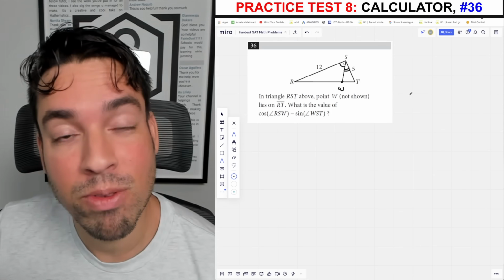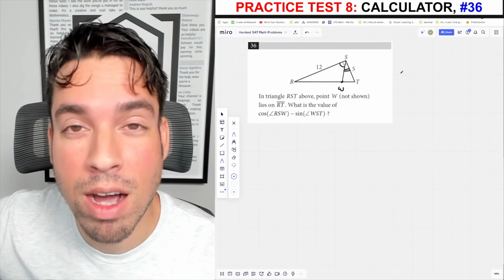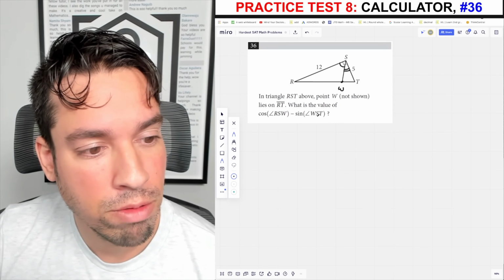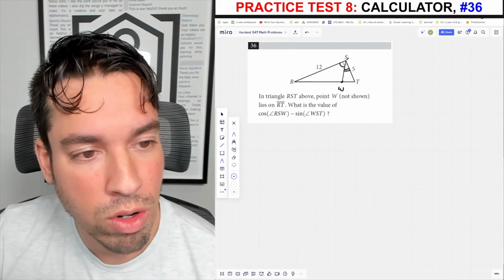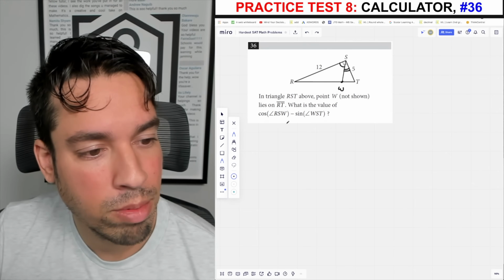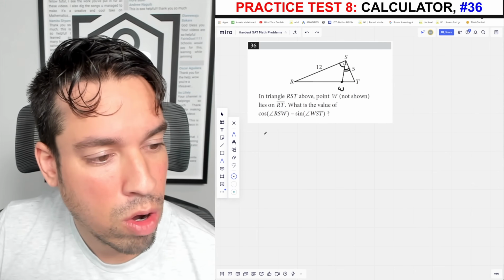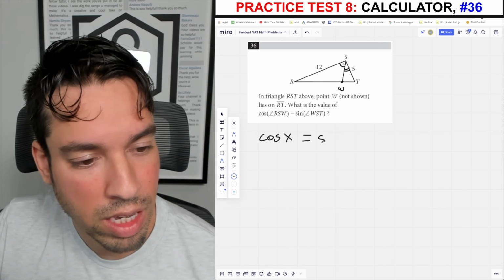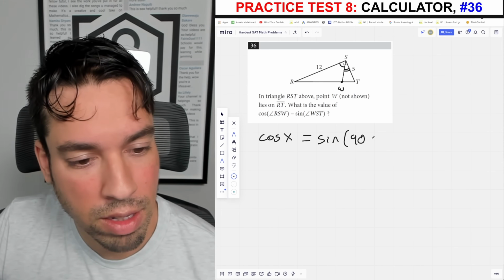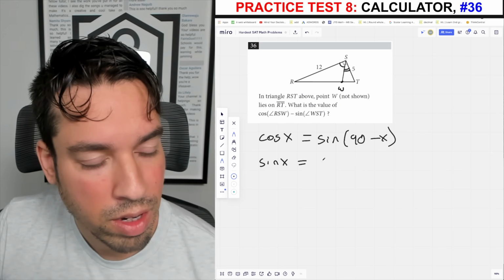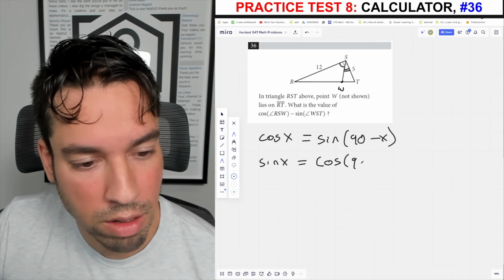So again, this references a particular rule about complements of angles. And while you may not catch this, these two angles that they're mentioning are complements. How do I know that? Because they comprise that right angle. So what did I say before? I said cosine of an angle equals sine of the complement, or vice versa, sine of an angle equals cosine of the complement.